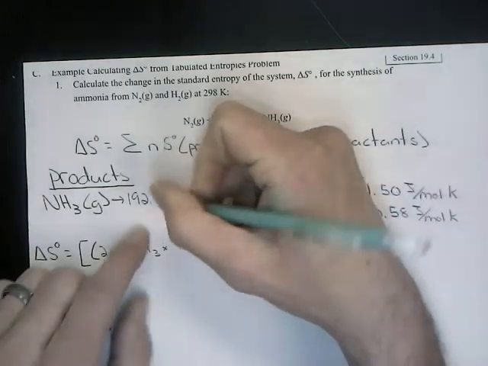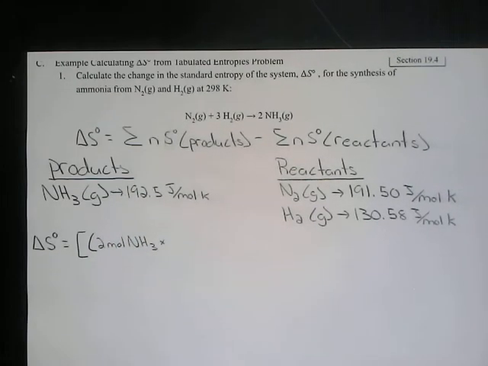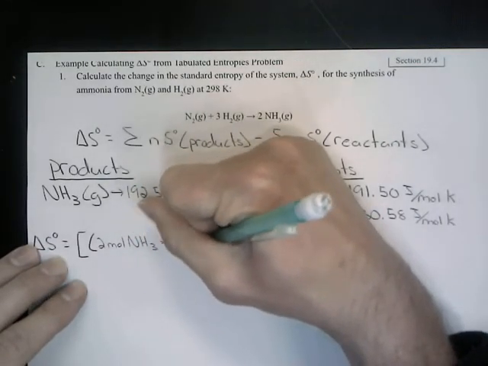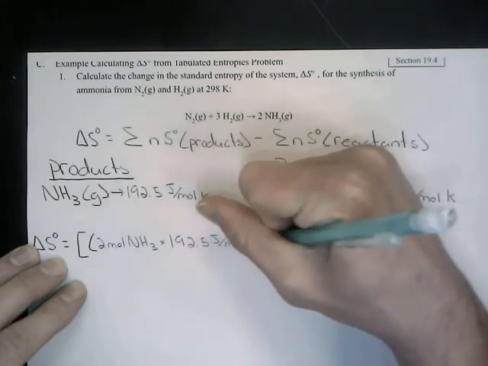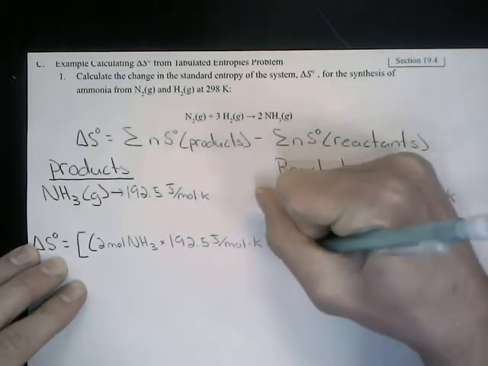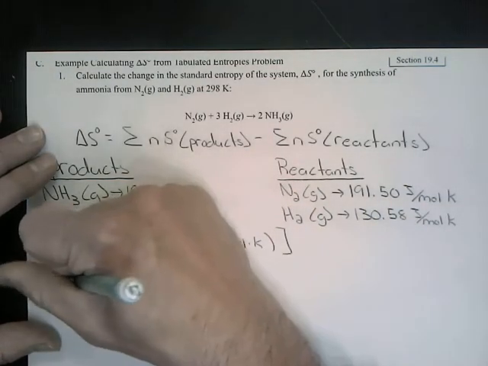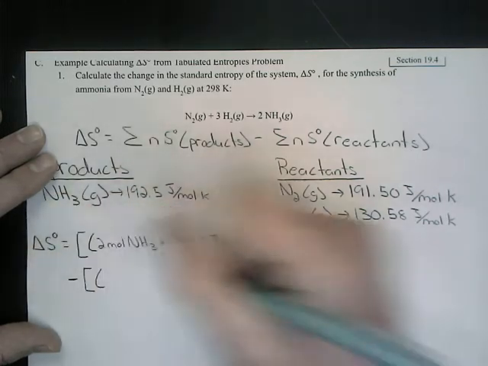And we multiply it by the S value we looked up, 192.5 joule per mole K. Now, that's our only product, so we can go ahead, close the parenthesis and close that bracket. And then we're going to subtract it from our reactants.